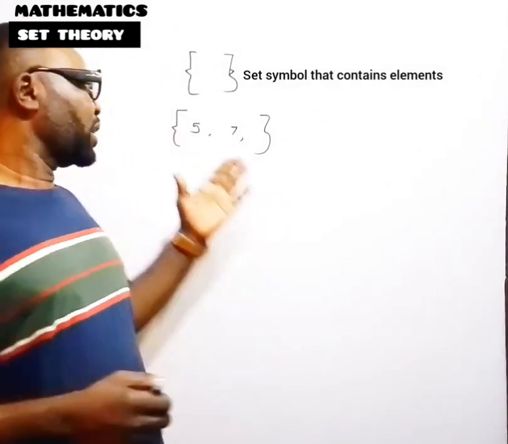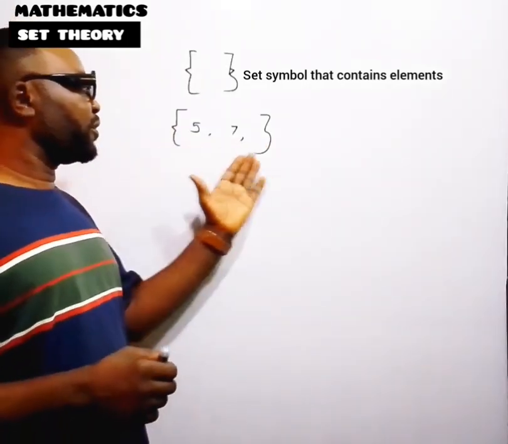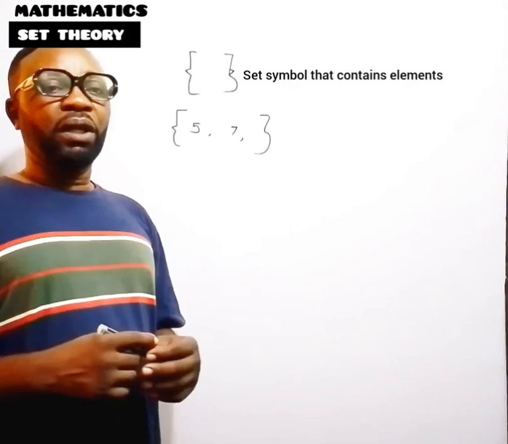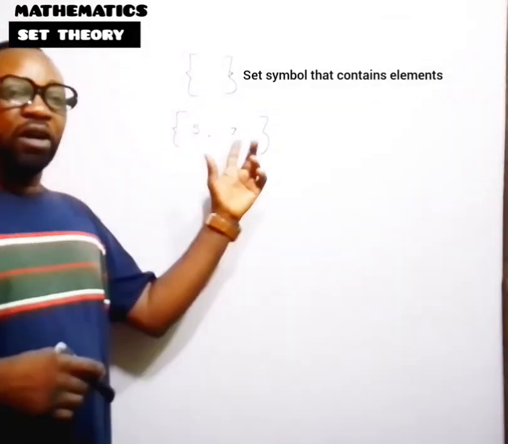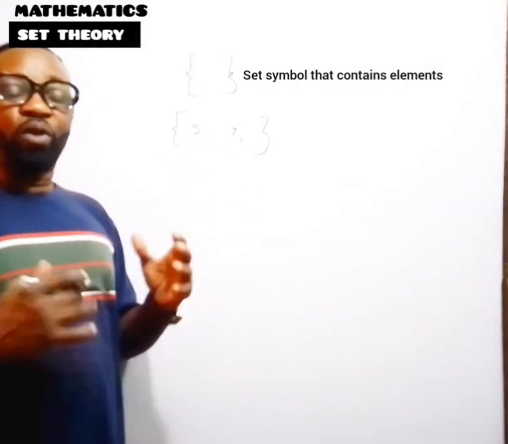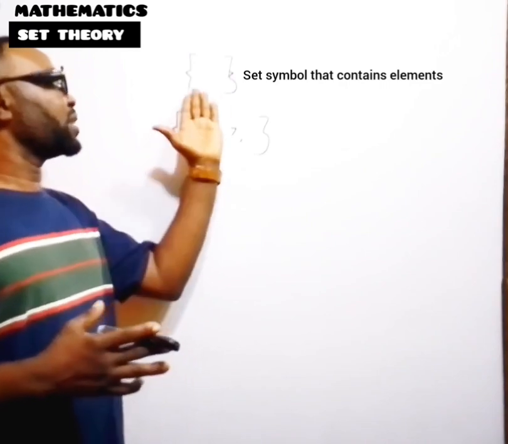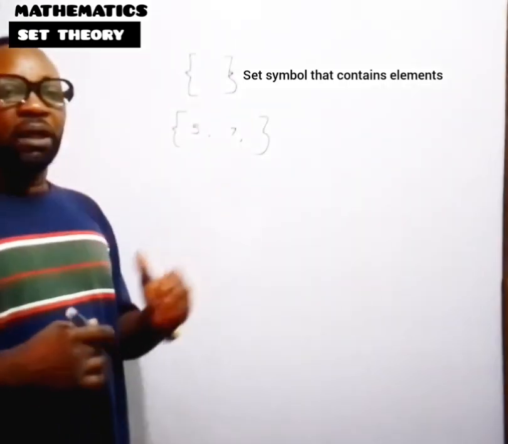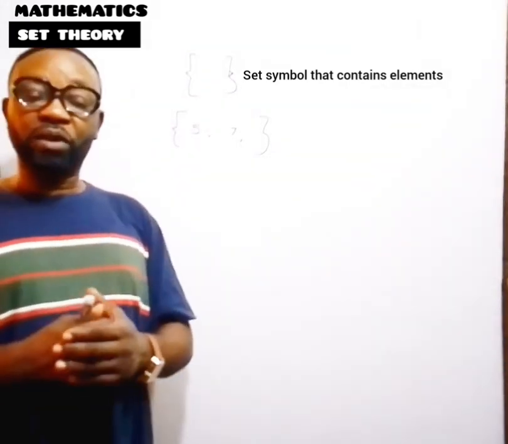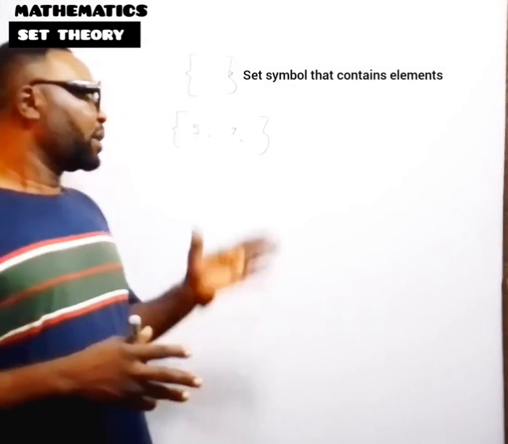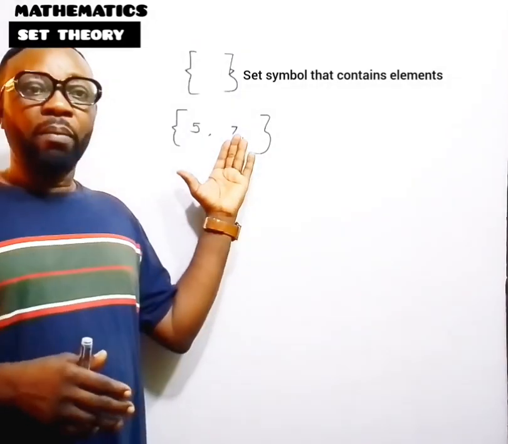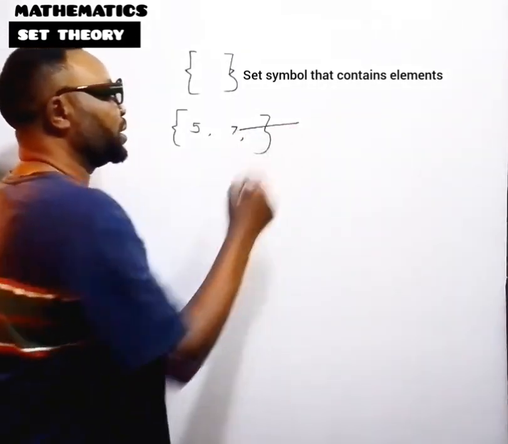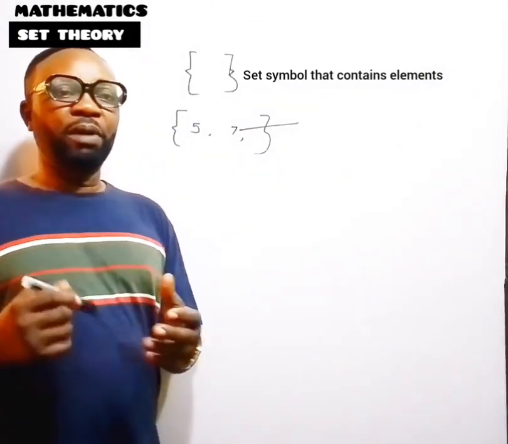You can see that this is a symbol that identifies a set, and all these figures you have inside it, or whatever is placed inside this set symbol, are called elements of a set. You can also refer to them as members of a set.